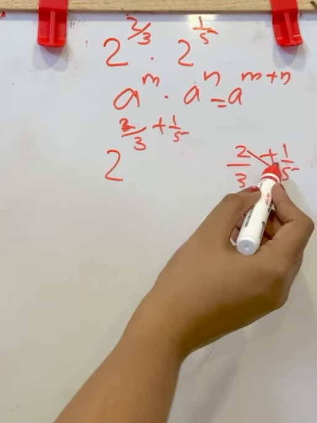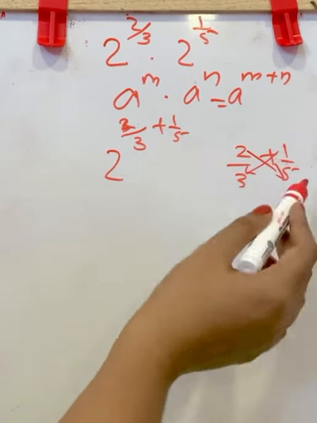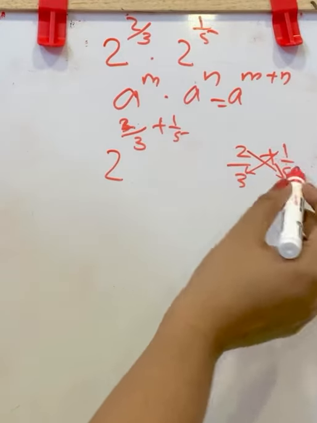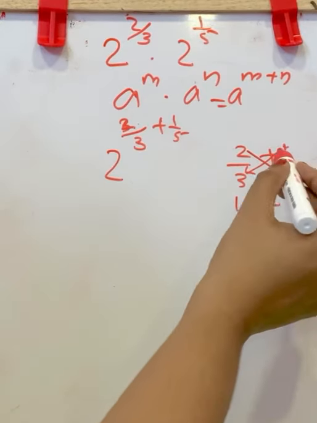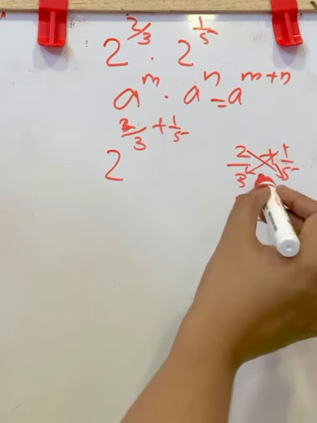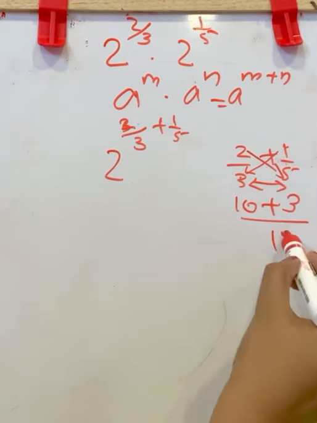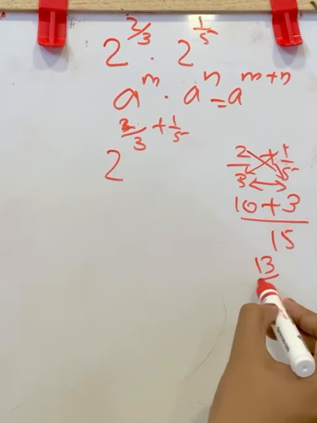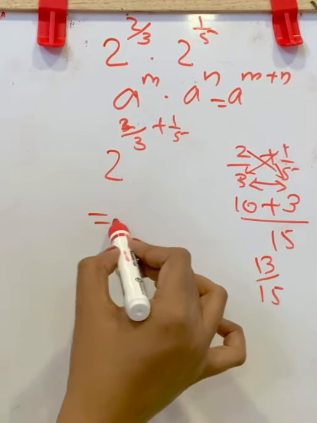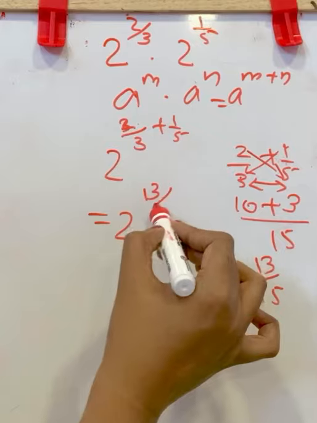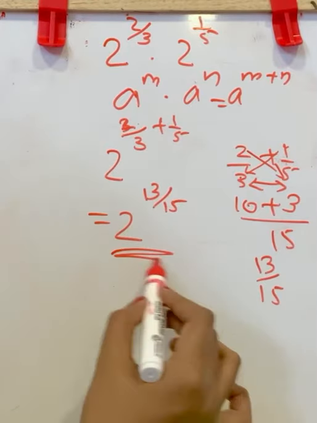Here we have to do cross multiplication, fractions addition. So 2 5s are 10 plus 1 3s are 3, by denominators' product, that is 3 5s are 15, and the result is 13 by 15. So it is equal to 2 raised to 13 by 15. This is the final answer.